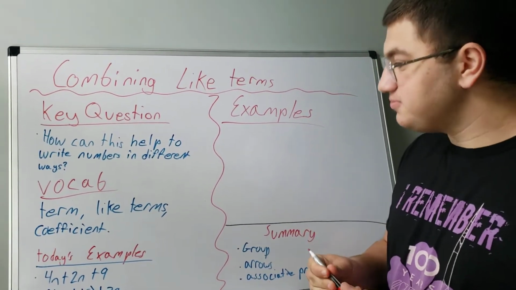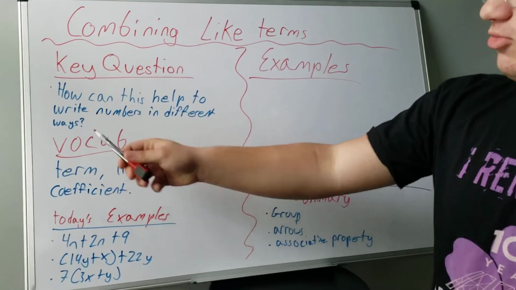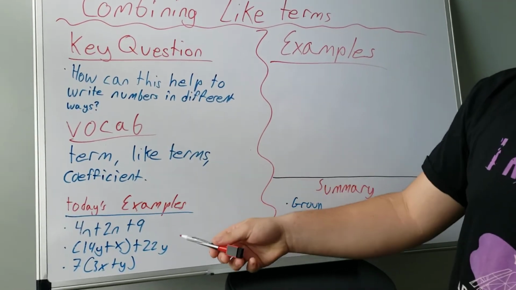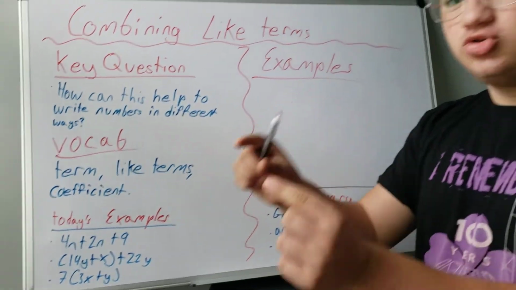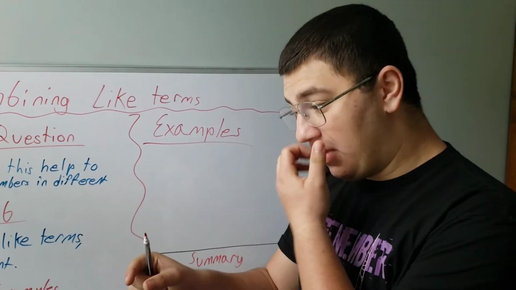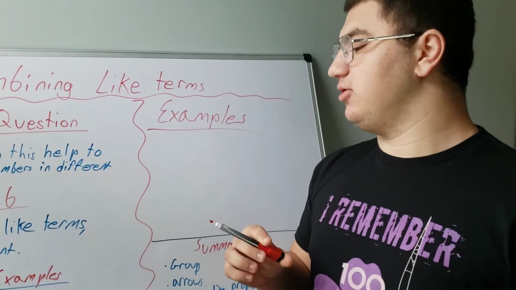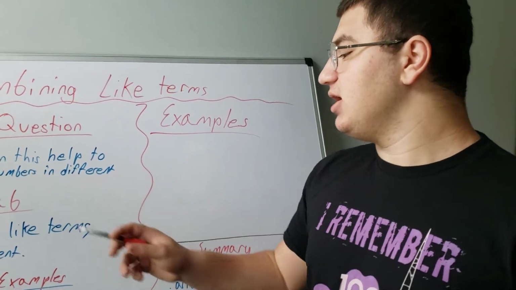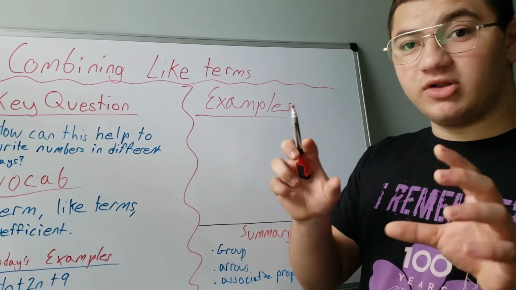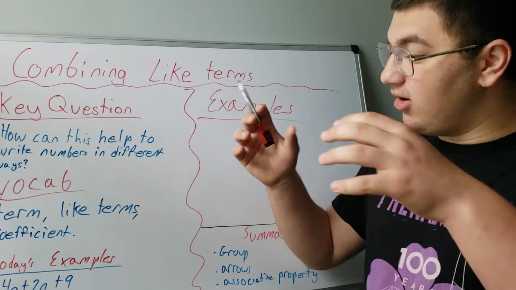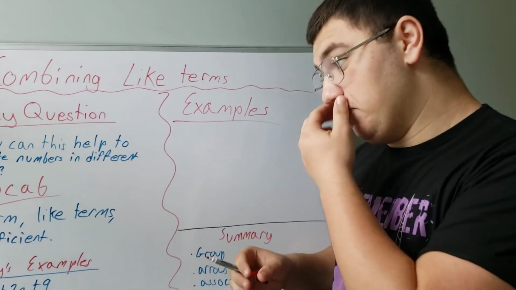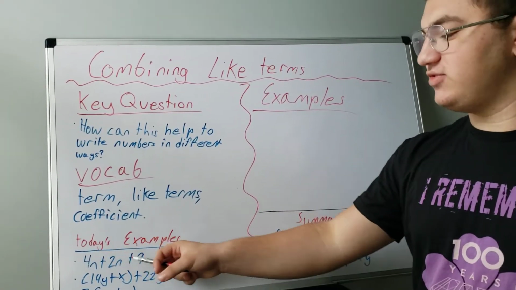So the vocab. We have term, which is any single digit that comes between two mathematical symbols, such as a plus, a subtraction sign, or a multiplication sign. Like terms are terms of the same value, like an n. See here we have two n's.